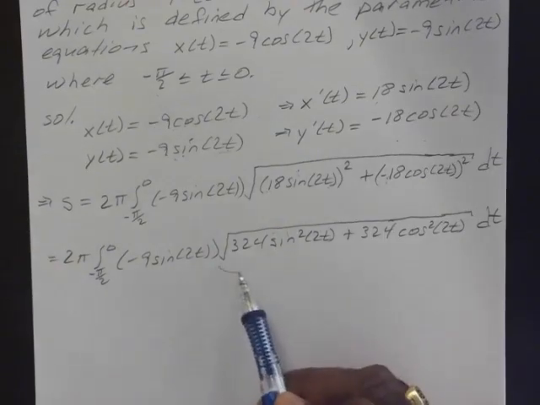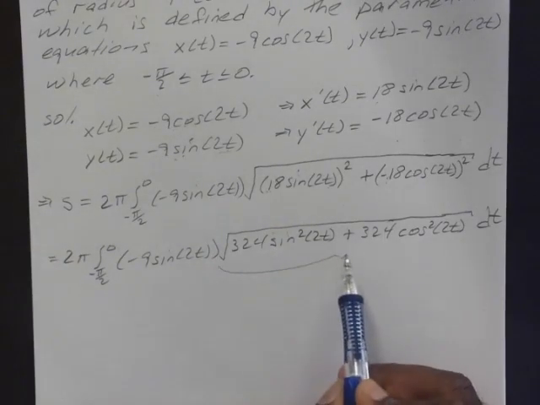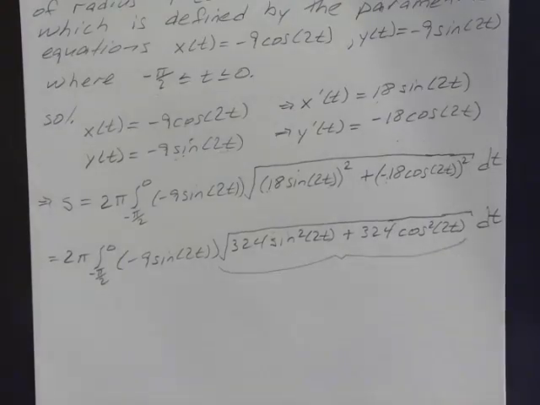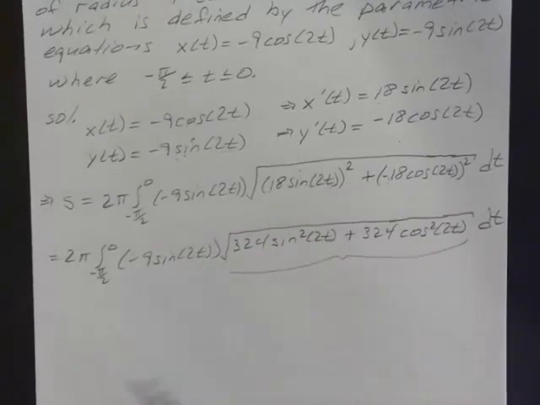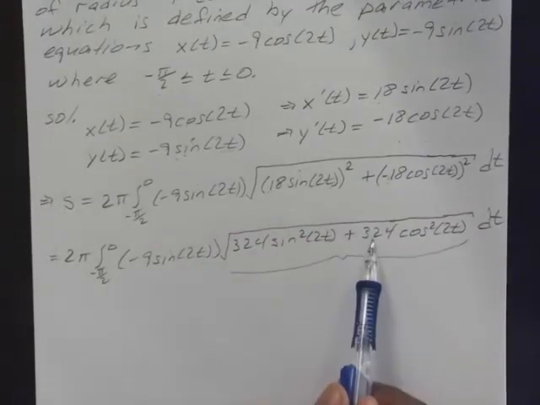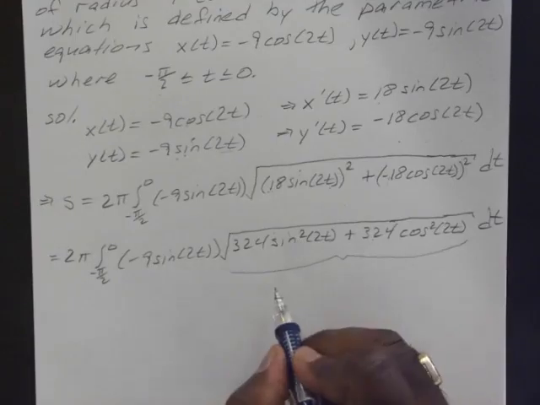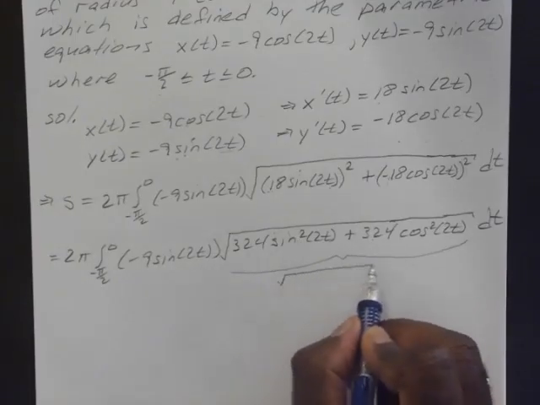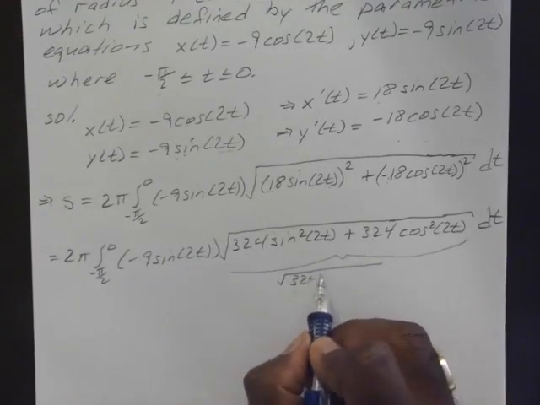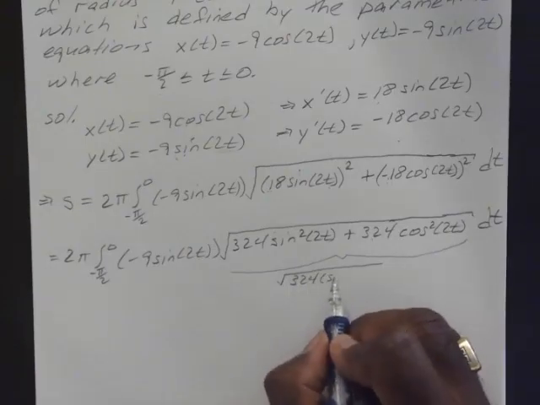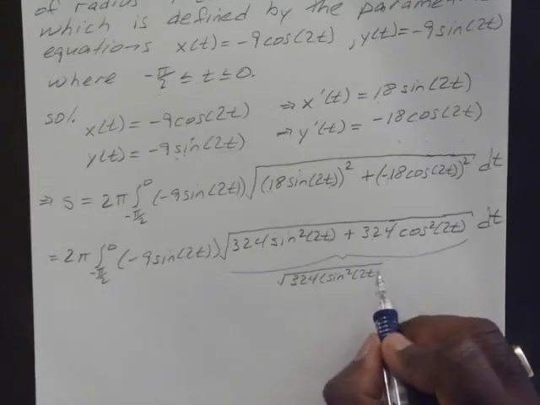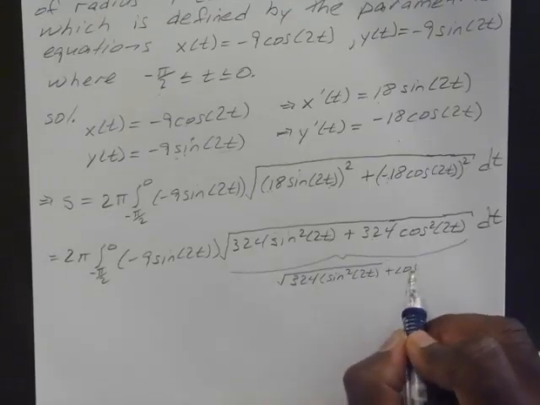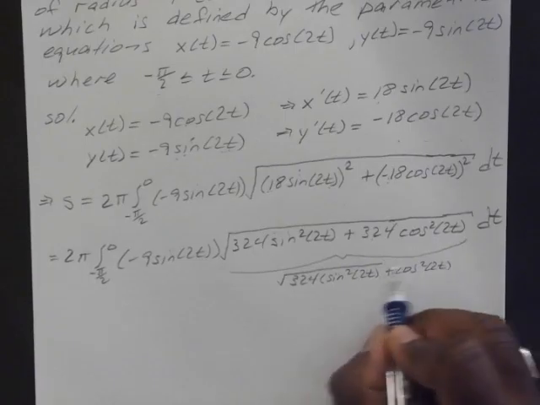Okay, so this factor right here, that radicand, we can actually factor out a 324. So this will become the square root of 324 times sine squared of 2t plus cosine squared of 2t.